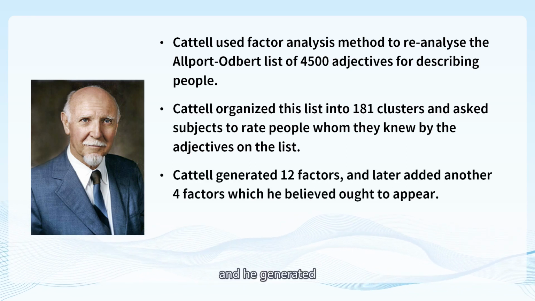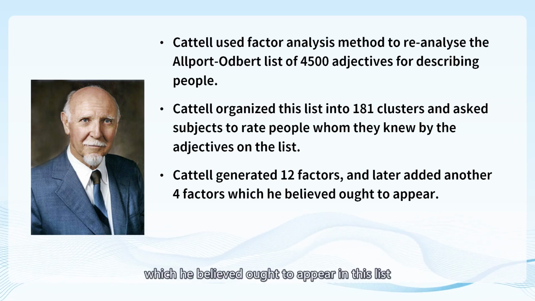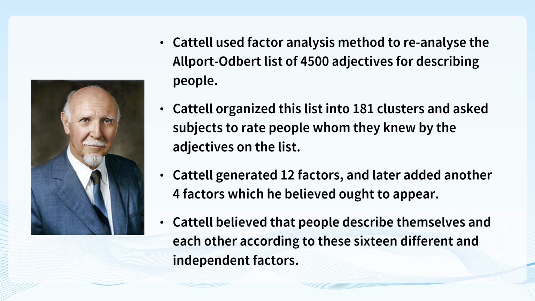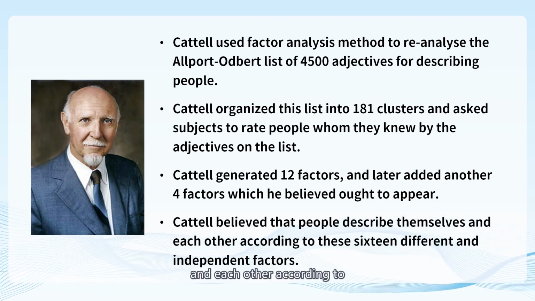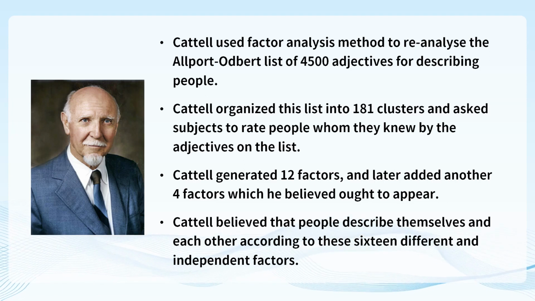He generated 12 factors initially, and later added another 4 factors which he believed ought to appear in this list. Cattell believed that people would describe themselves and each other according to these 16 different and independent variables.